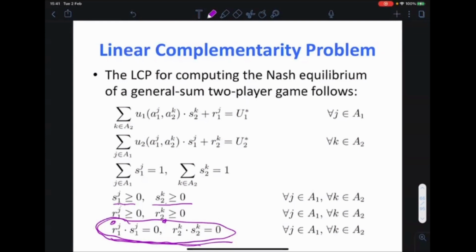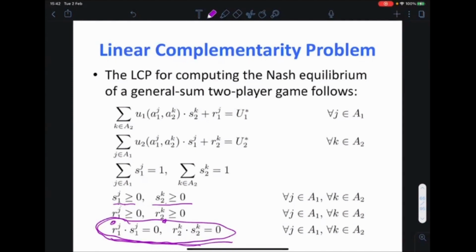If the slack variable is 0, that means we allow that pure strategy, the opponent's pure strategy, to be played equally. If that slack variable is non-zero, that means that for that particular pure strategy, the expected payoff hasn't really achieved the optimum they can achieve.